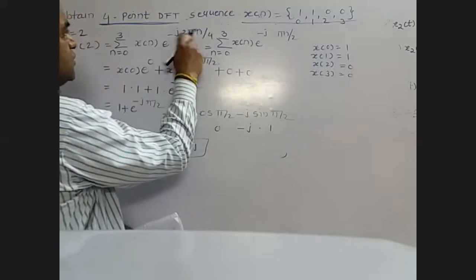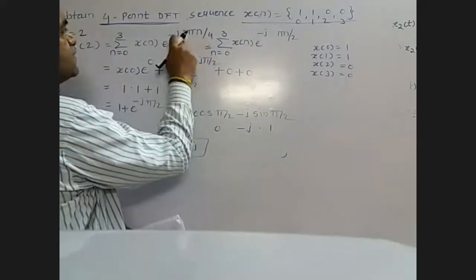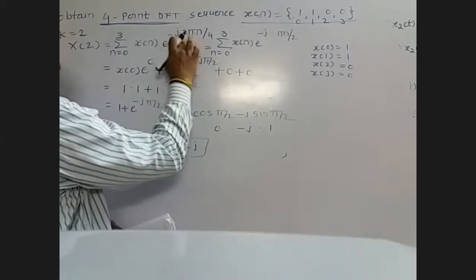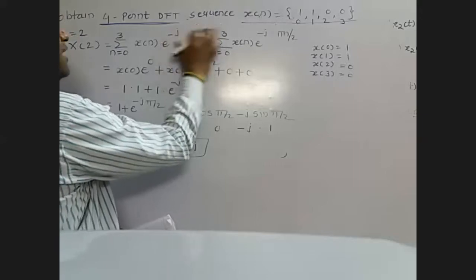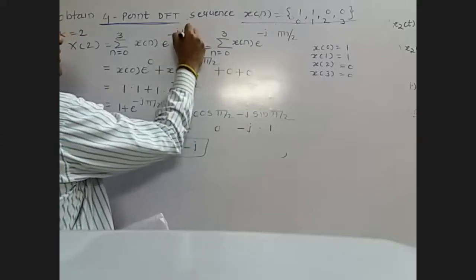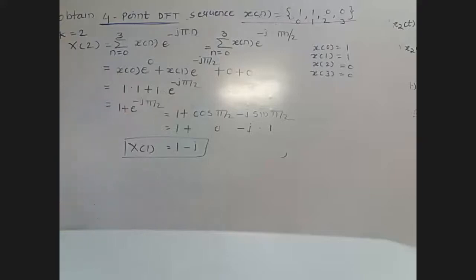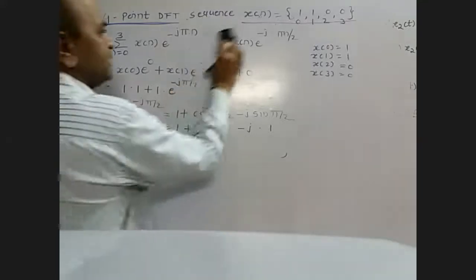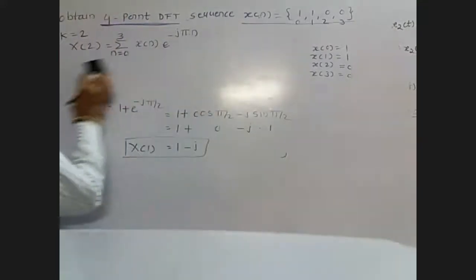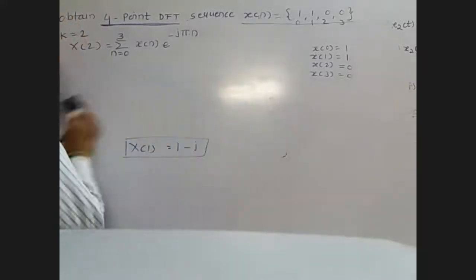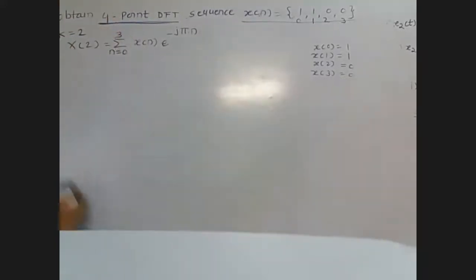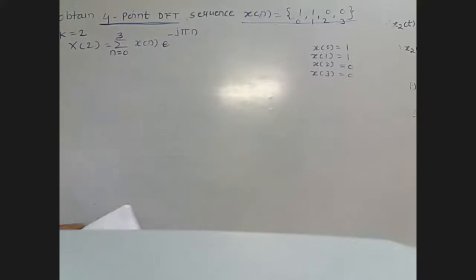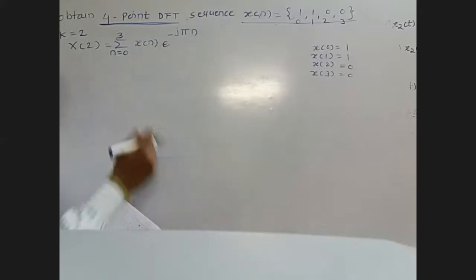So 2 into 2 is 4, and 4 by 4 is 1, so only the pi n term will be present, and e raised to minus j pi n will be coming in the numerator.